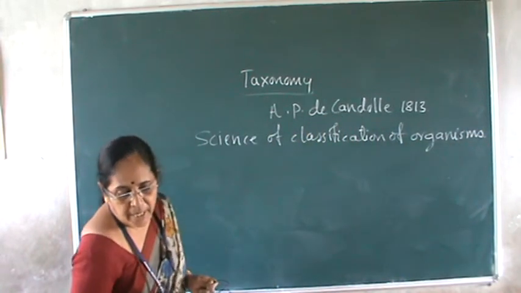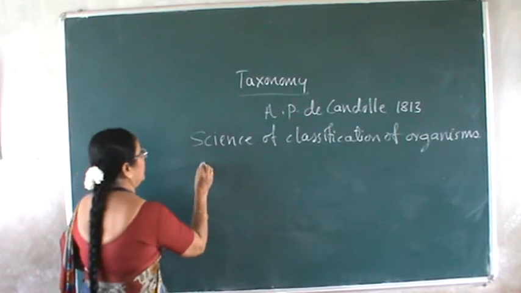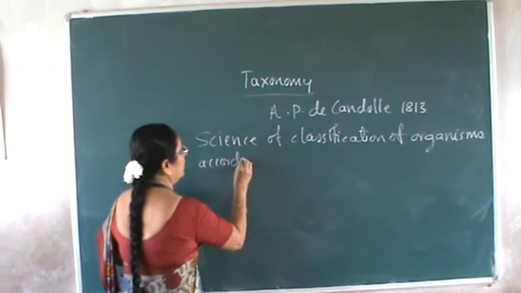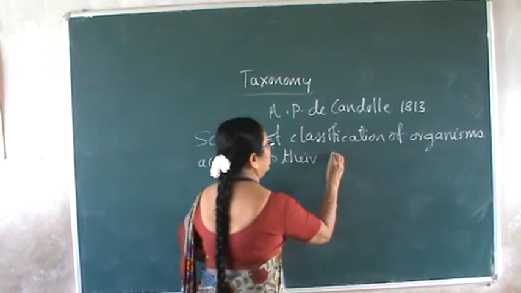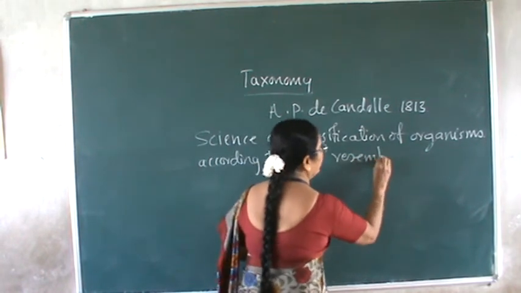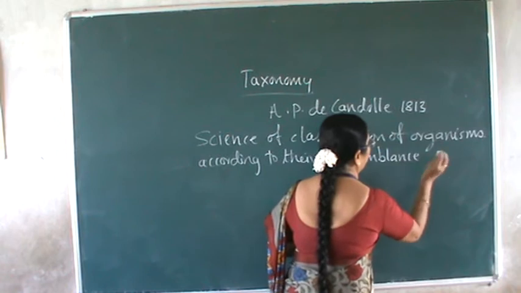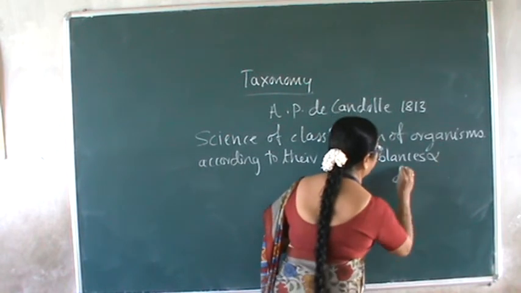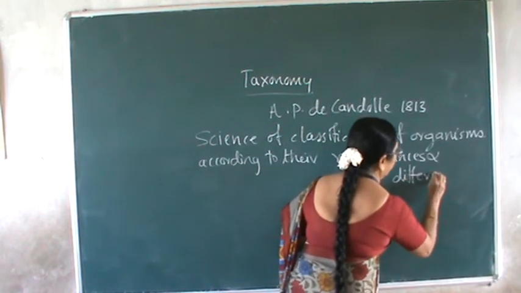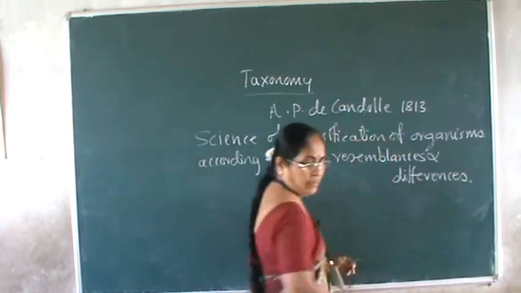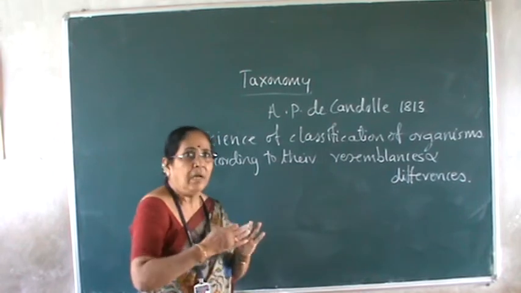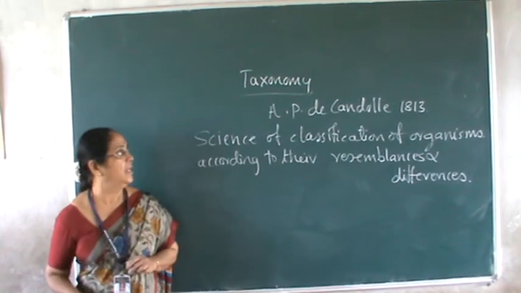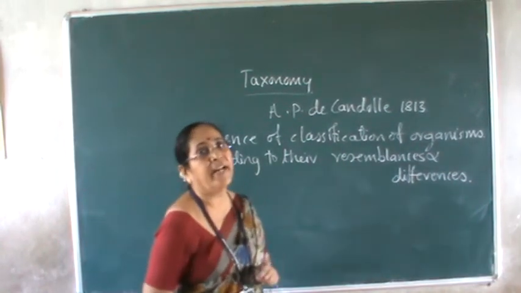Organisms according to their resemblances and differences. Based on the resemblances and differences between the plants, the organisms are classified.